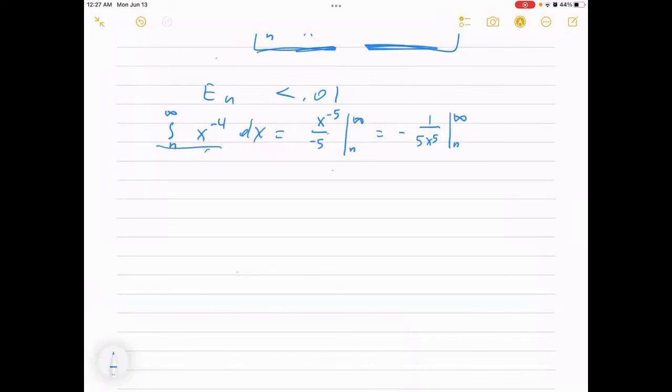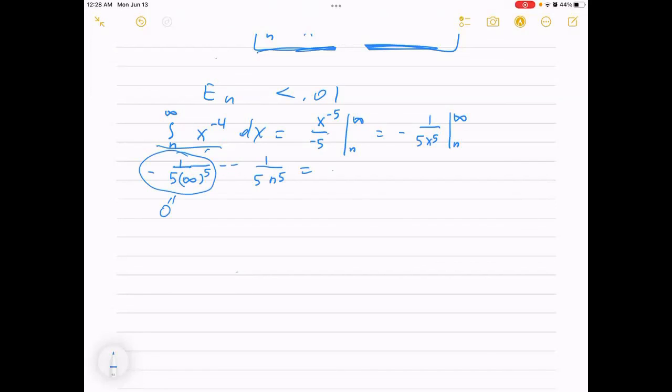Substituting infinity, we're going to get negative 1 over 5 infinity to the 5 minus 1 over 5n to the 5. The first expression is going to be equal to 0 because infinity to the 5 on the bottom is infinity, and 1 divided by infinity multiplied by 5 is 0.